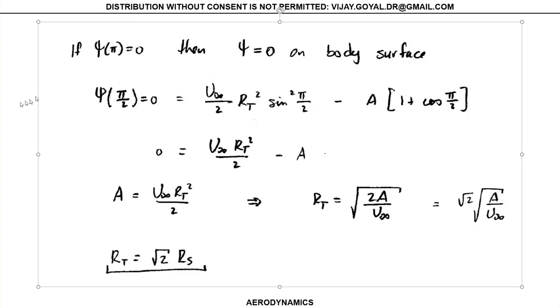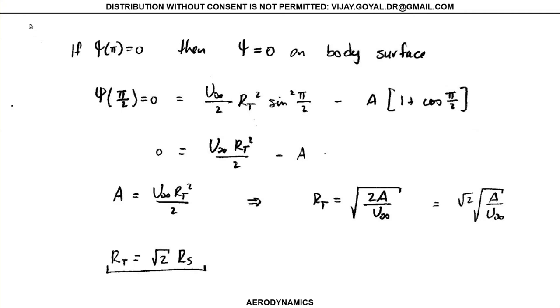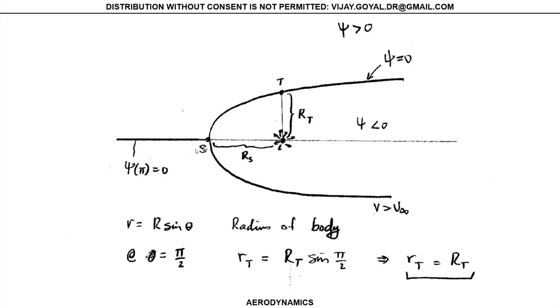Just remember your psi was equal to V infinite r squared sine of theta squared minus a times 1 plus cosine of theta. I could express it like this. At pi, we know that the stream has to be 0 on the body surface, so this has to be completely 0 here.